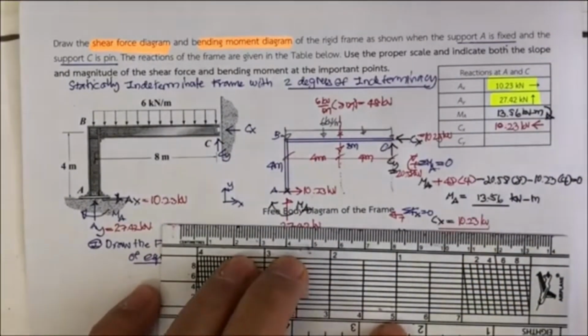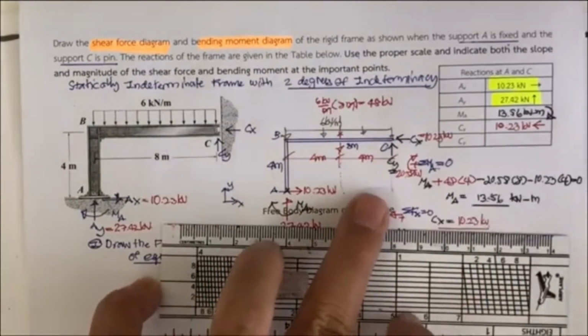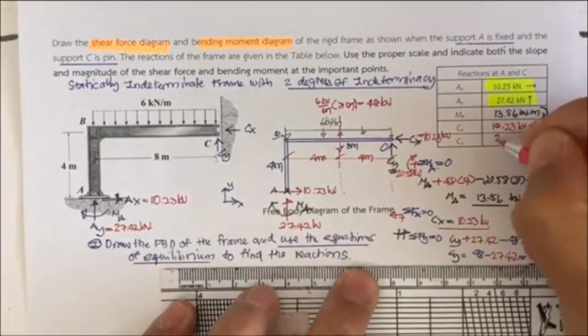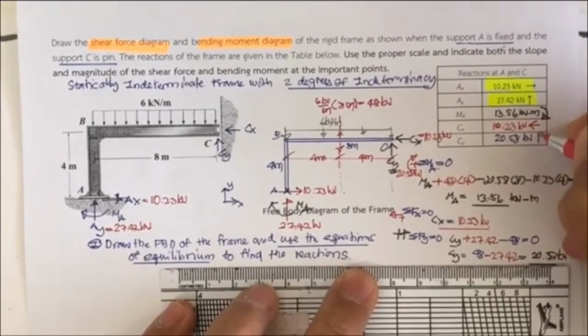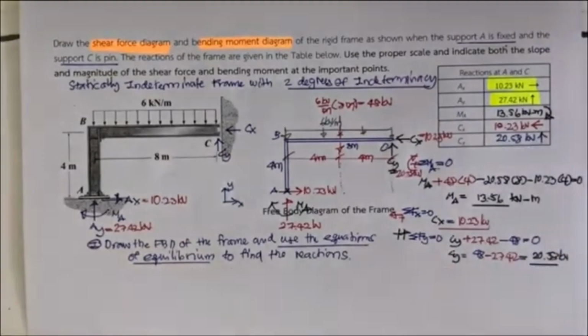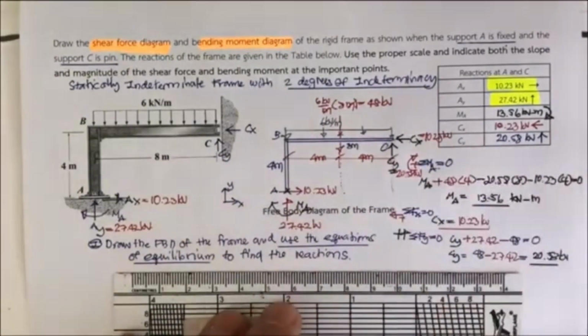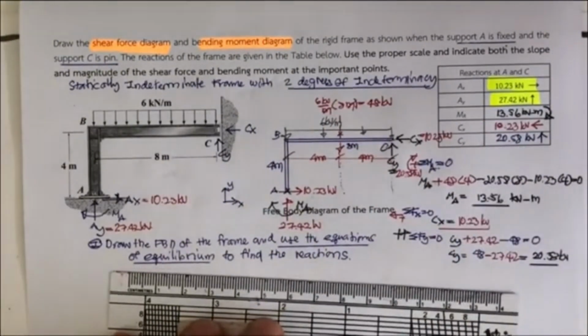And also C sub y: you got C sub y of 20.58 kilonewton, and put it upward. Okay, now you have your reactions.